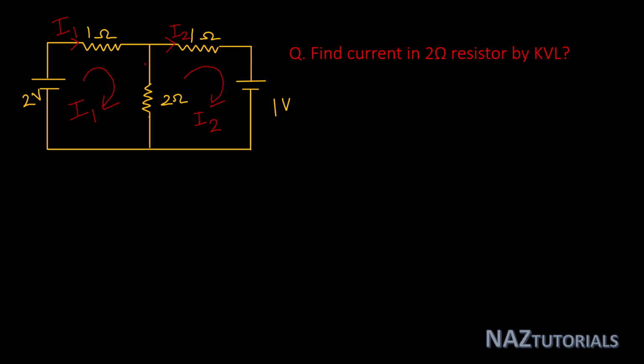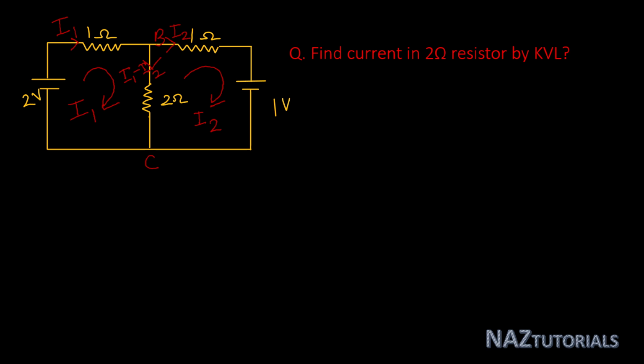If you see the resistor of 2 ohm, I1 is flowing from B to C and I2 from C to B. So the net current will be I1 minus I2 or I2 minus I1. If you assume the net current is I1 minus I2, then the current direction will be B to C and the value will be I1 minus I2.